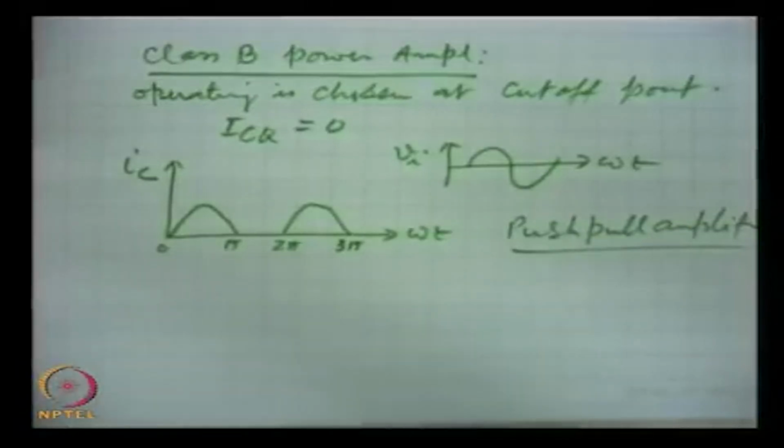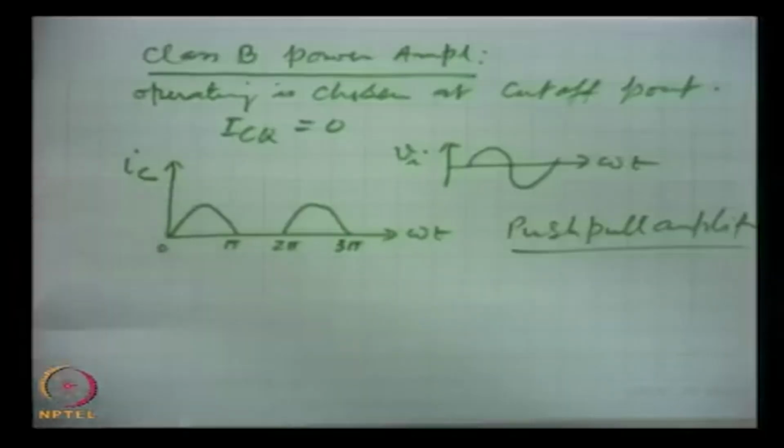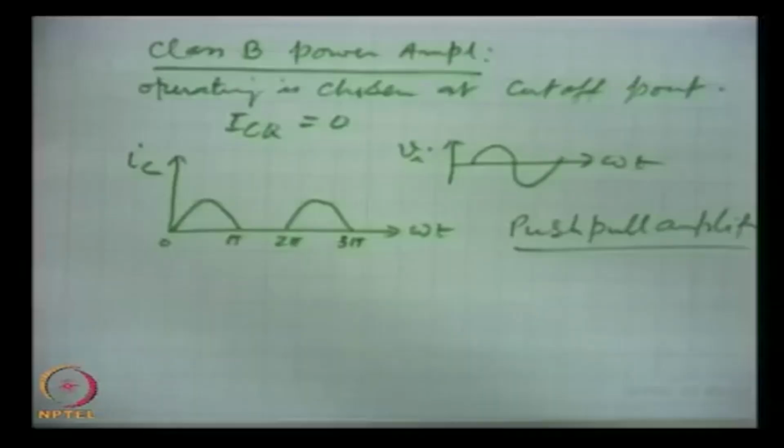You may ask, what is so good about class B amplifier, that this is highly distorted, and to compensate it we have to use two transistors in a special arrangement known as push-pull amplifier. The reason is the much higher efficiency of class B amplifiers.